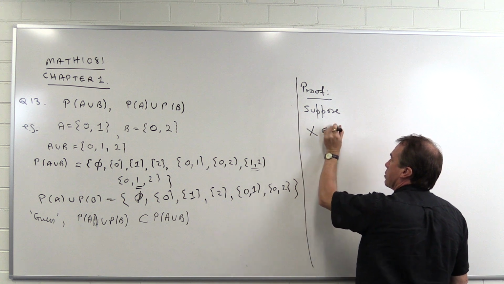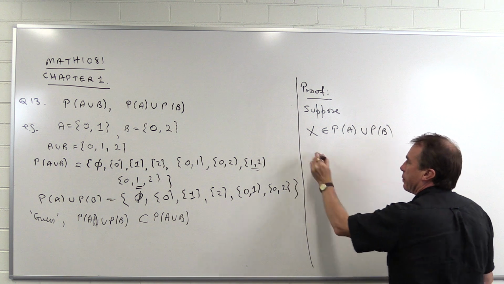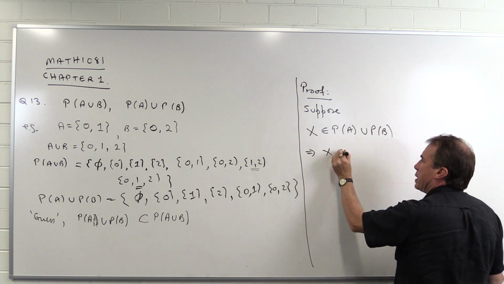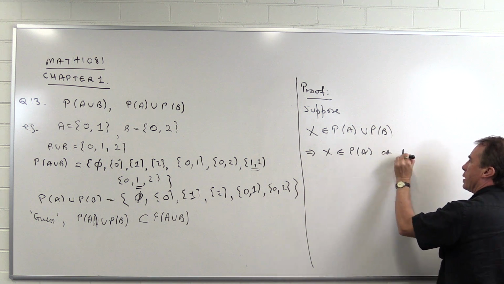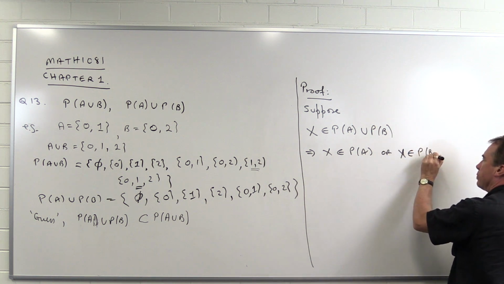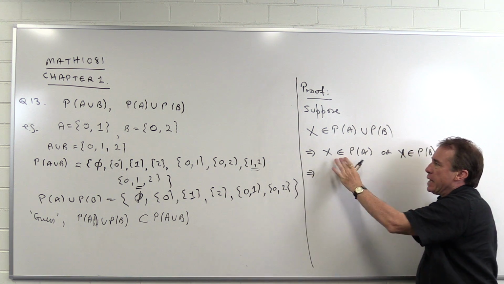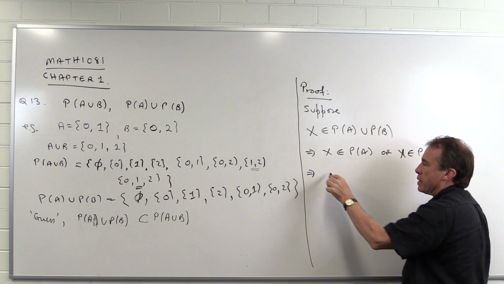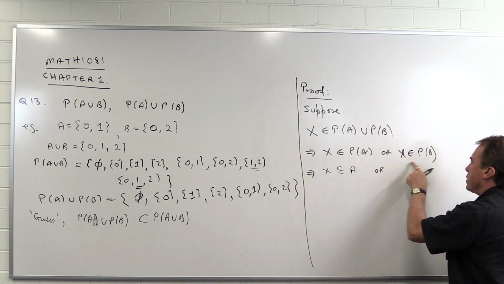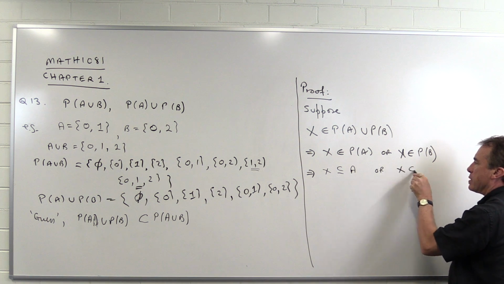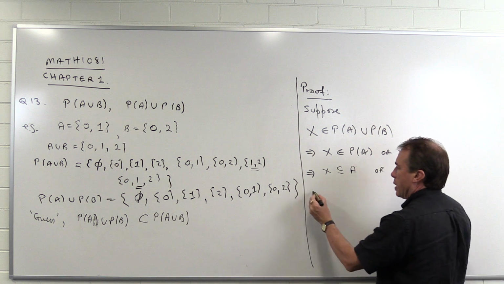Suppose X belongs to the power set of A union the power set of B. Immediately write down what that means: it's in the power set of A, or it's in the power set of B. Now I'm going to unpack this notation a little. If X is in the power set of A, that means X must be a subset of A. And if X is in the power set of B, that means X must be a subset of B. That's what the power set means.